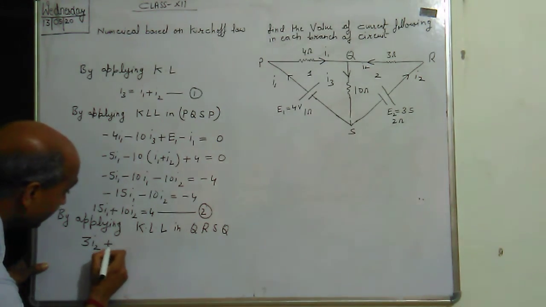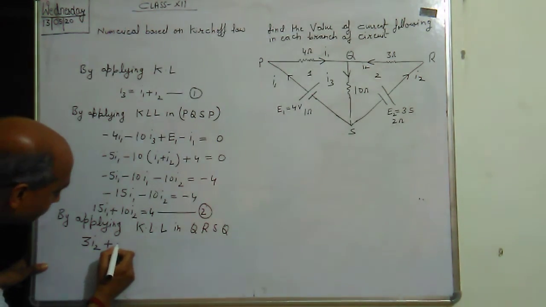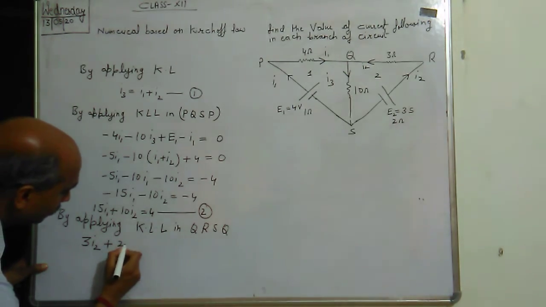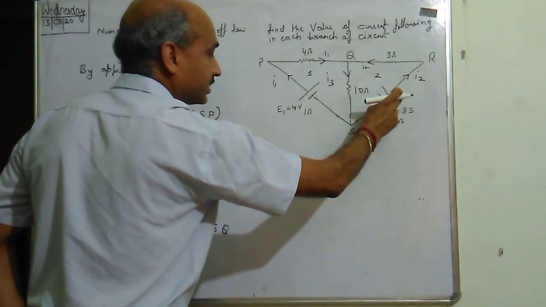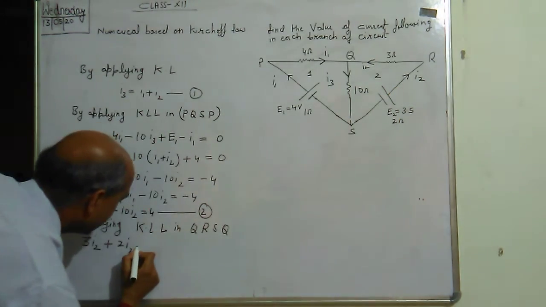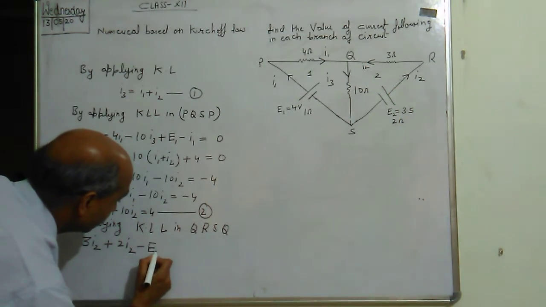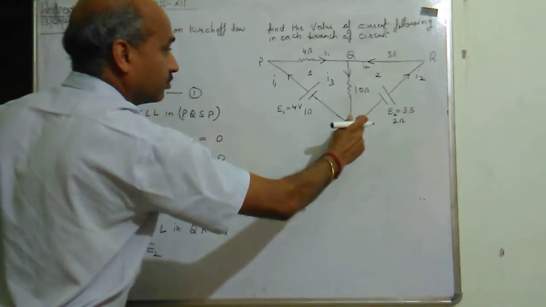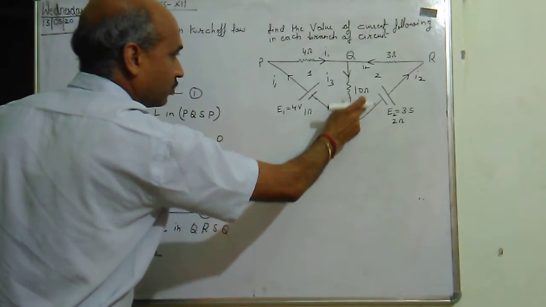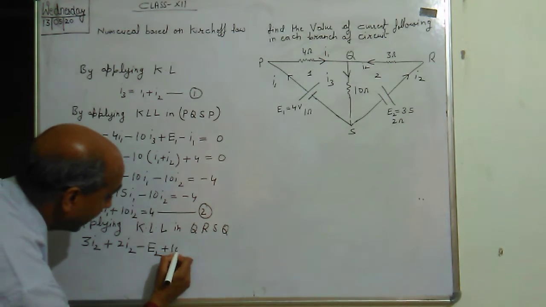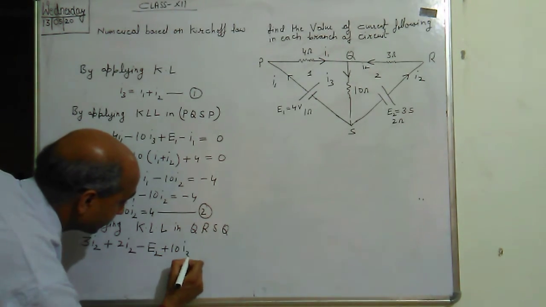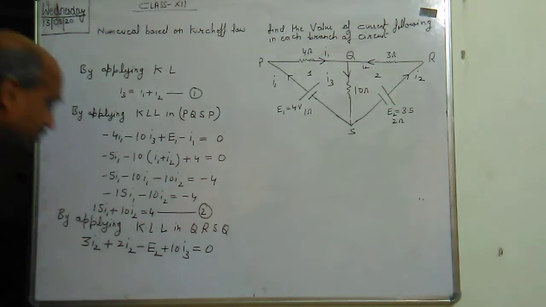So it gives me plus 2 I2. Then we are moving from positive to negative, so that means minus E2, and then we have to move in this branch. Again we are moving against the direction, so it will be positive. So positive 10 I3 equals to 0. So this we are getting.